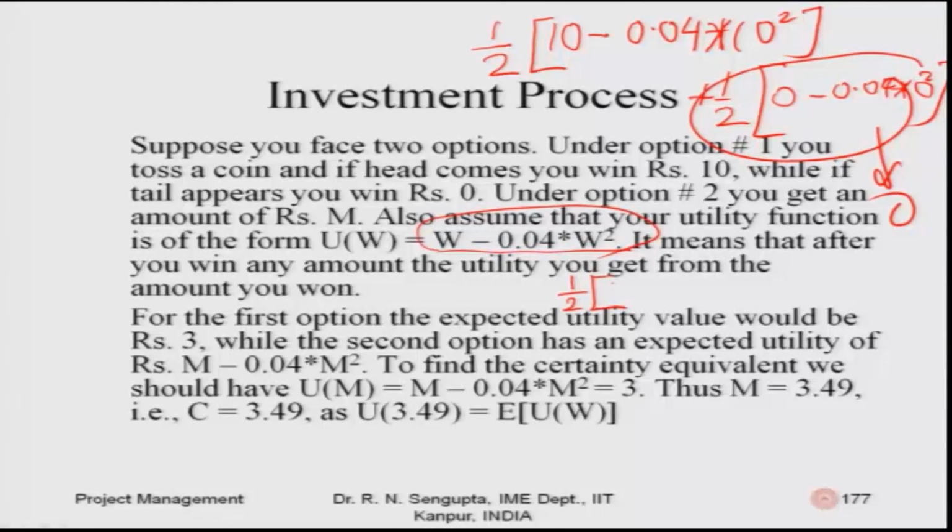This is 10 minus 100 divided by... 0.04. So it becomes 10 minus 4 is 6, divided by 2 is 3, right, this is right. So the first option, the expected value comes out to be 3.